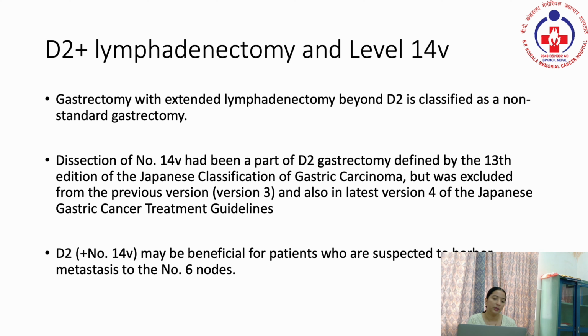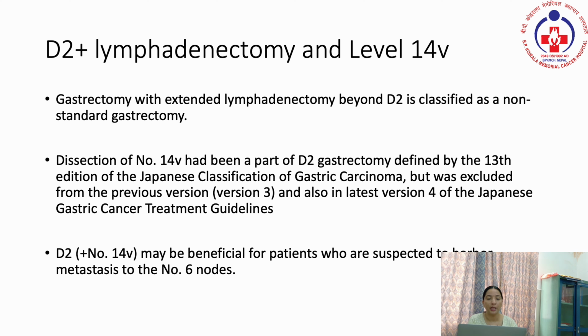But with the third and the fourth version, with the latest version 4, they have removed the routine removal of the 14B lymph node, since there was no strong evidence of 14B lymph node involvement, and also there was a higher complication rate. That's why they removed the routine removal of 14B from D2 gastrectomy.